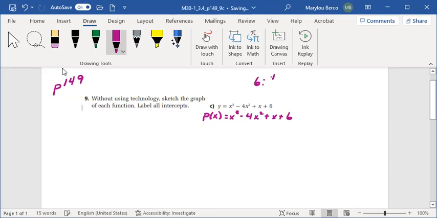So these will be plus or minus 1, plus or minus 2, plus or minus 3, plus or minus 6. So we'll test these values to find a first factor, and we will find p of negative 1 is equal to 0. So we'll use synthetic division to find the other factors.